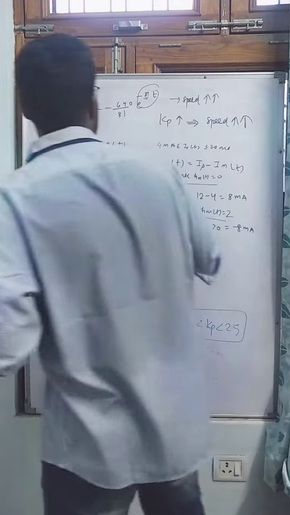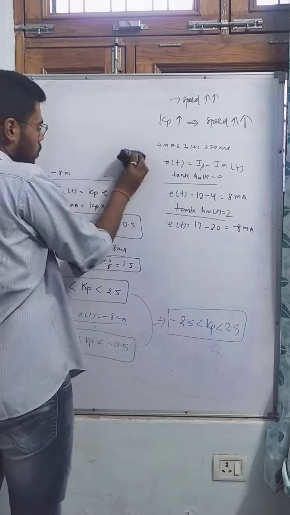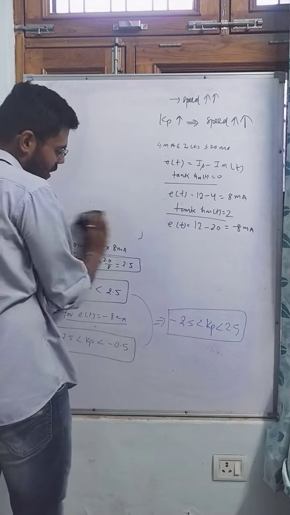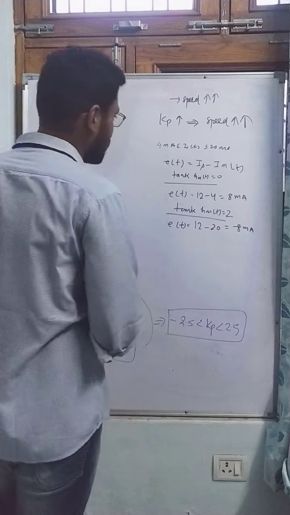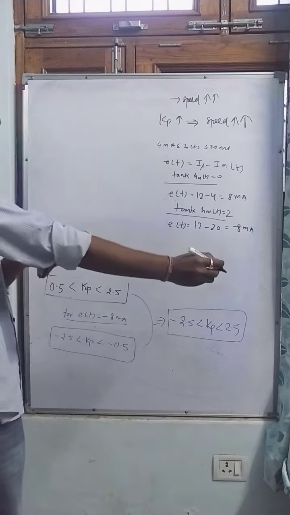So Kp must have some range, which you found here with the help of these equations. Now, what happens if we increase Kp up to infinity?